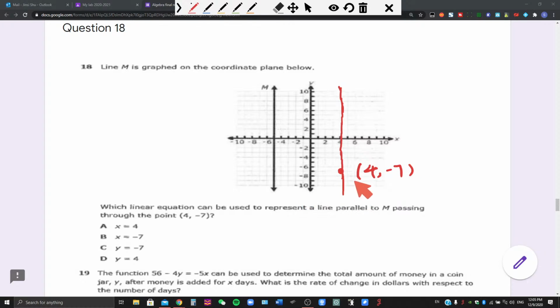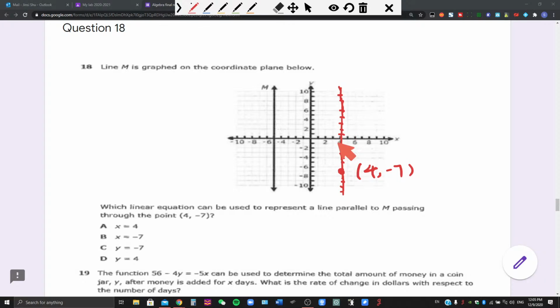Okay, and what is the formula for this graph? Well, if you look at the x, the x is always just 4. Any point on the line has the same x, because they are on the same vertical line.